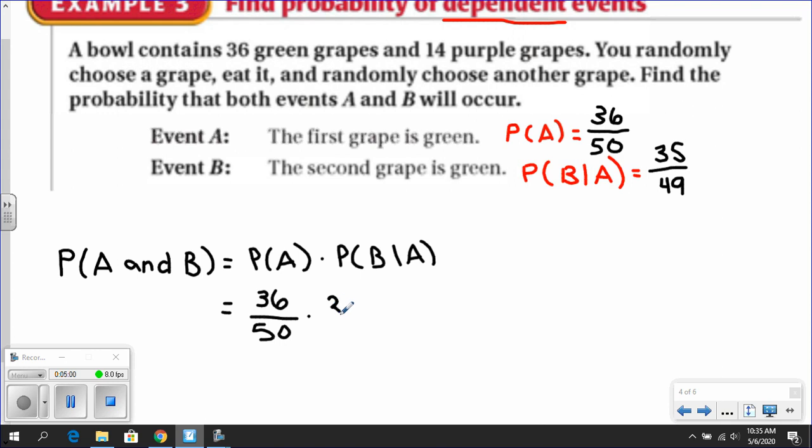That was 35 divided by 49. All right, so that is 1,260 divided by 2,450. This can also simplify, but I'm just going to keep it like this for right now.